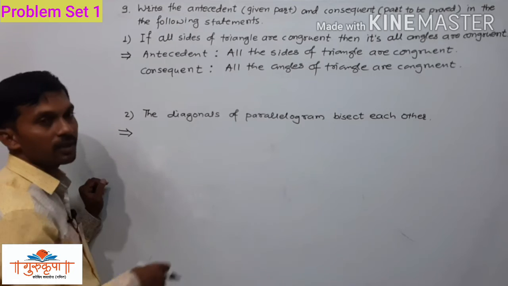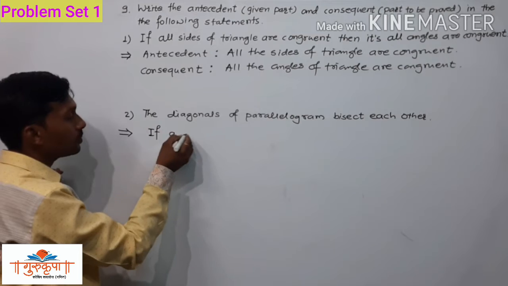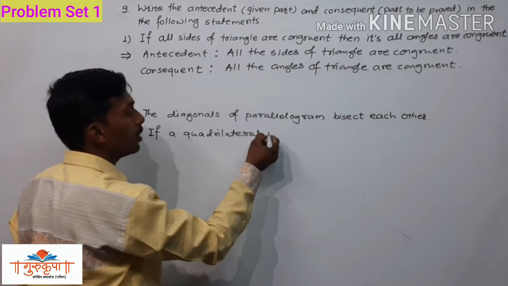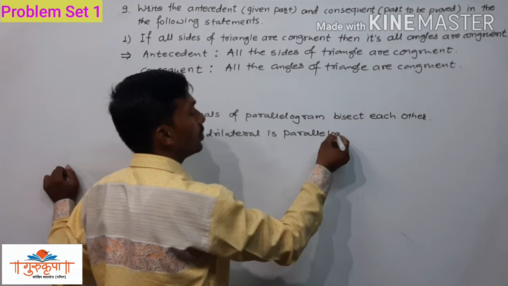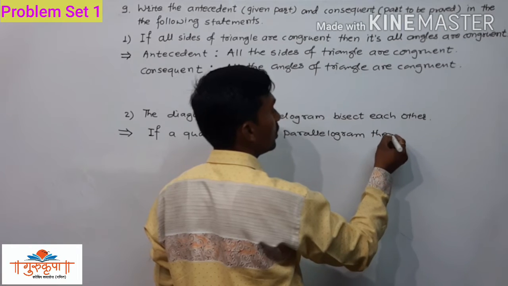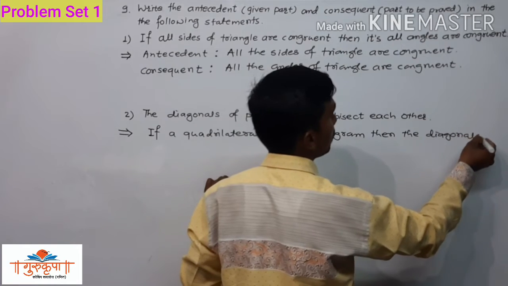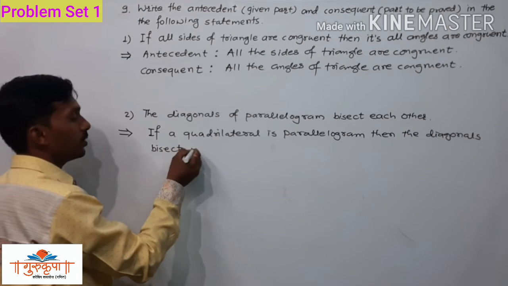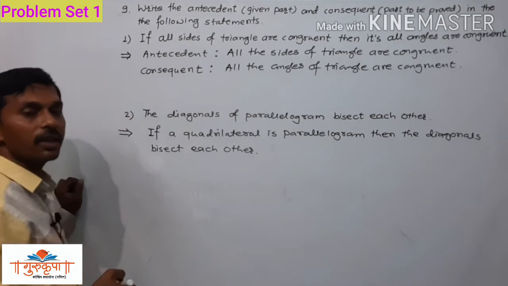This is the simple statement, and the conditional statement is, if a quadrilateral is a parallelogram, then the diagonals bisect each other. Now we can easily write the antecedent and consequent.